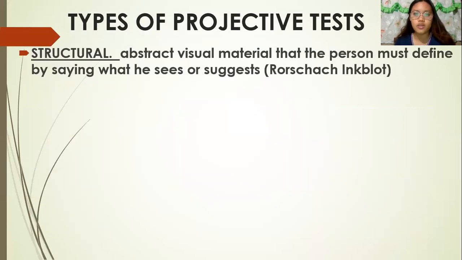It is an abstract visual material that the person must define by saying what he sees or suggests. Definitely the best example for this is the Rorschach ink blots, wherein the subject or a person will look at a visual material and then tell us what he sees or what it suggests.